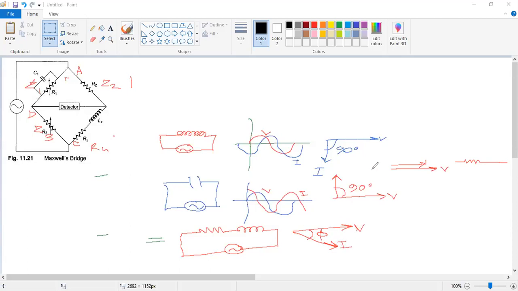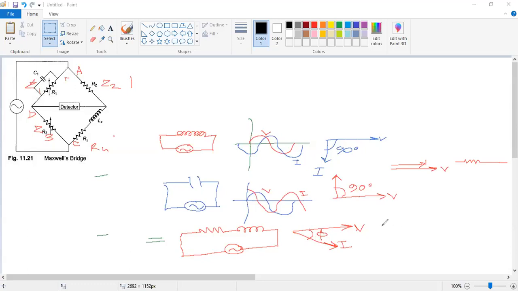Just see the difference. If purely inductive, then 90 degrees. But here it is not purely inductive, there is some resistance. Due to resistance the current is at 0 degrees, and for inductance there is 90 degrees, so it lies between 0 and 90. So it became lagging, but just like 45 degrees. It depends on the value of inductance. If the inductive value is much higher, then it tends to 90 degrees. If the inductance value is much less, then it tends to the resistive position.